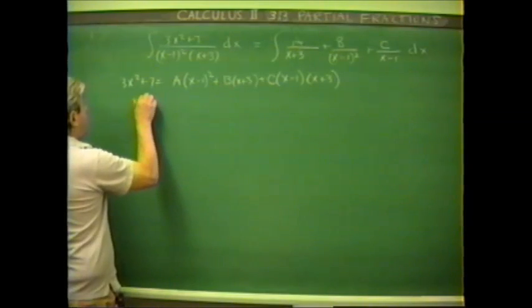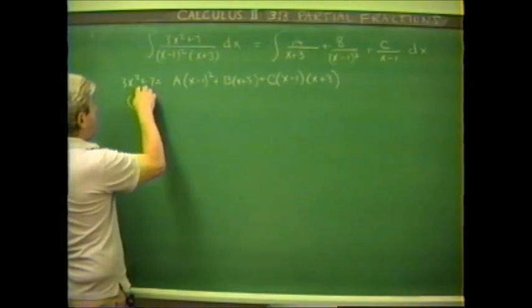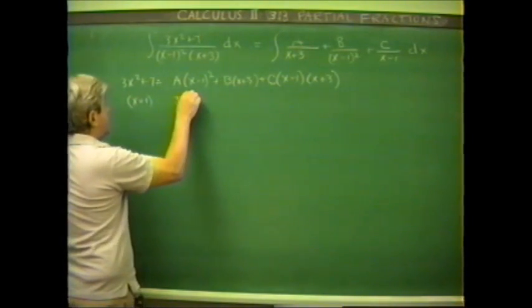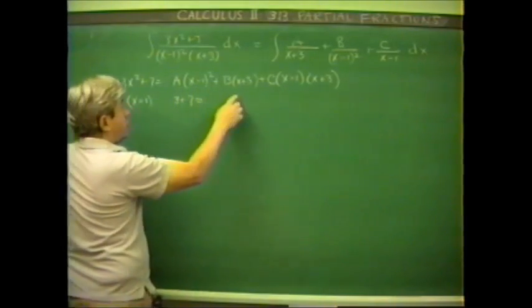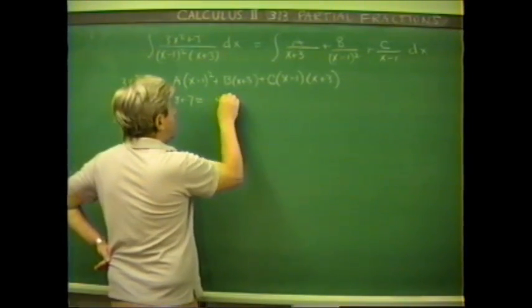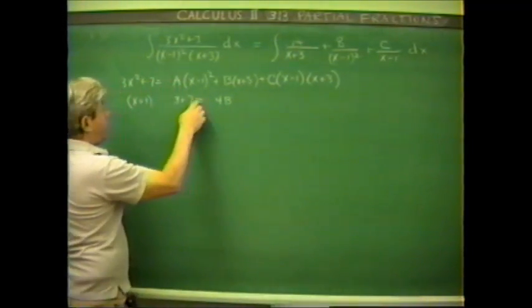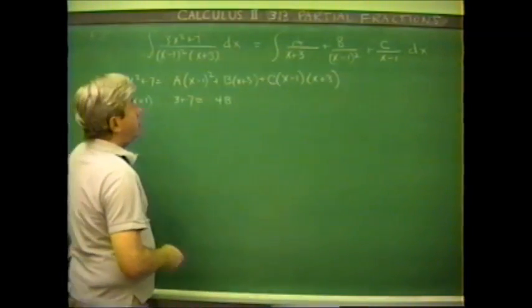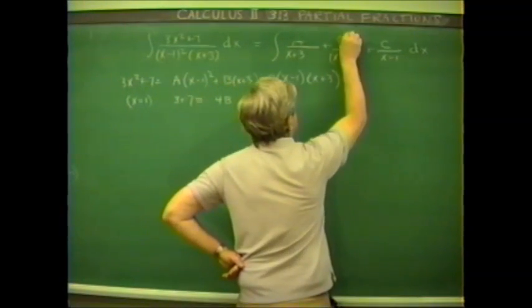If we let x equal 1, for example, we get on the left-hand side 3 plus 7 is equal to, here we get 0, here we get 4b, and here we get 0. So 4b is equal to 10, b is equal to 10 over 4, or 5 halves.